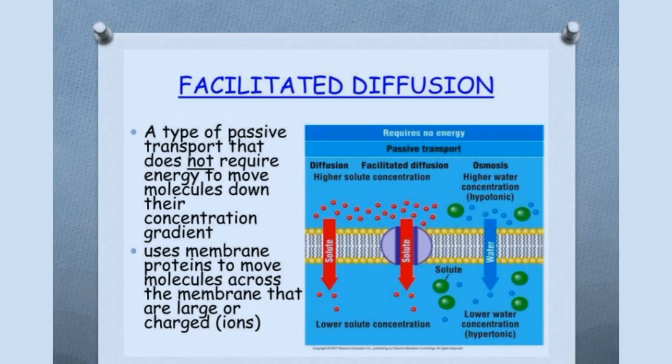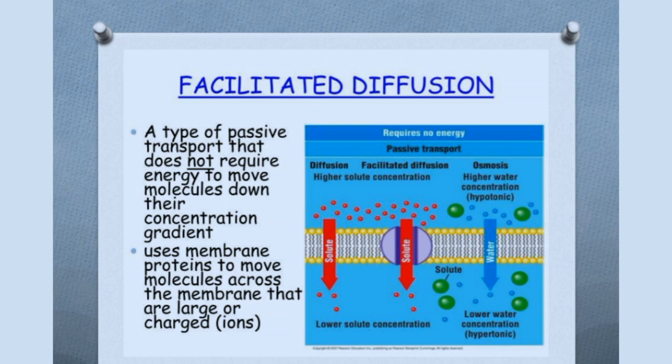Now what is meant by facilitated diffusion? There are certain molecules which are larger in size or insoluble in lipids, like carbohydrates, ions and water, that can move across the membranes only through certain channels provided by special transport proteins in the membrane.